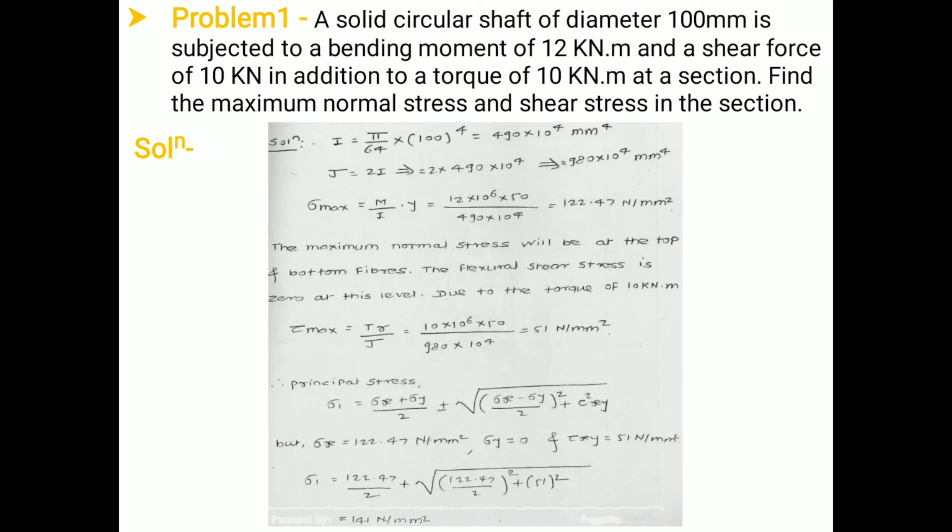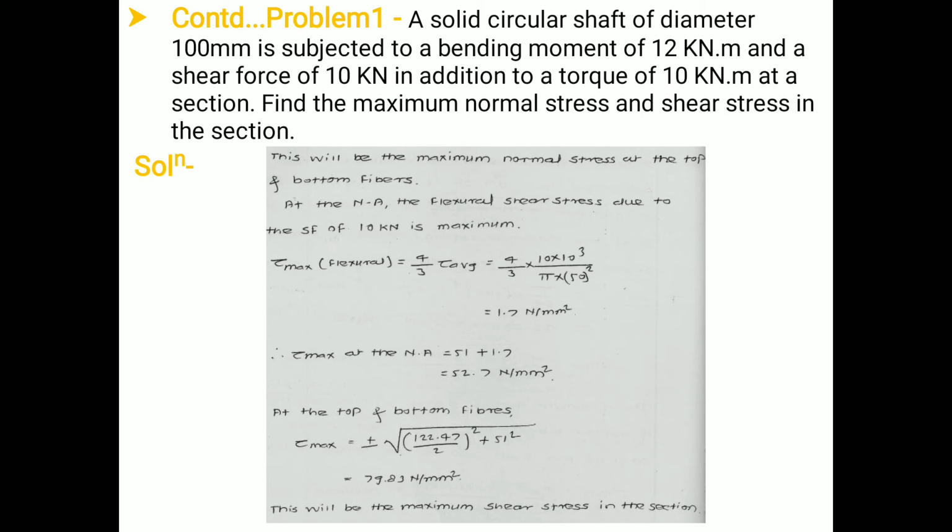So the value of principal stress will become 141 Newton per mm square or megapascal. So in this manner we have found the value of principal stress. This will be the maximum normal stress at the top and bottom of the fiber. All of you know that it will act at the extreme fiber, top and bottom fiber.